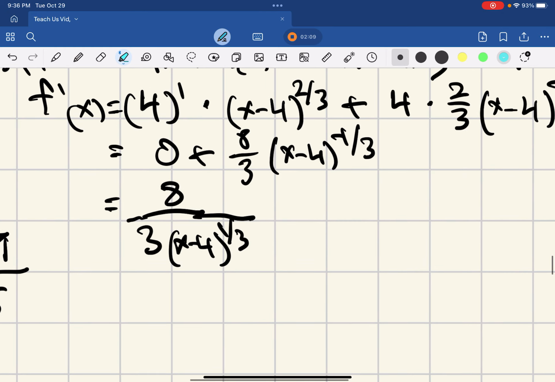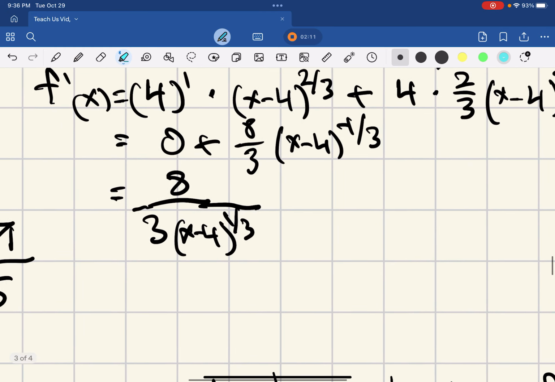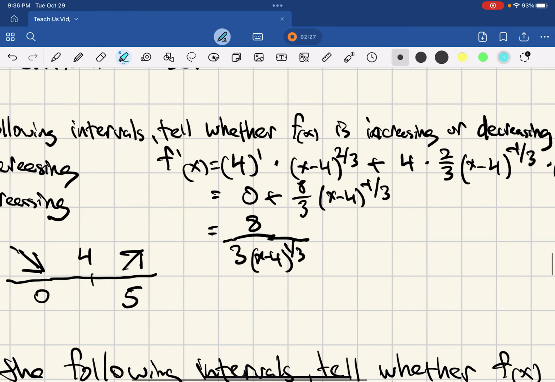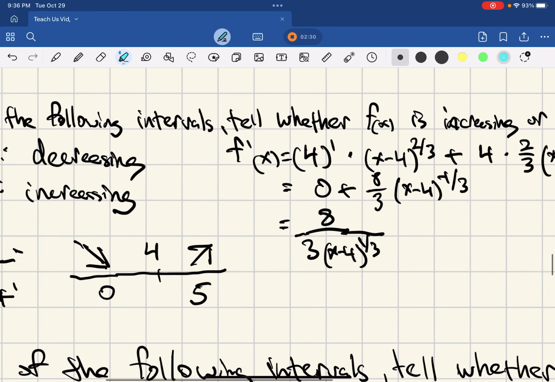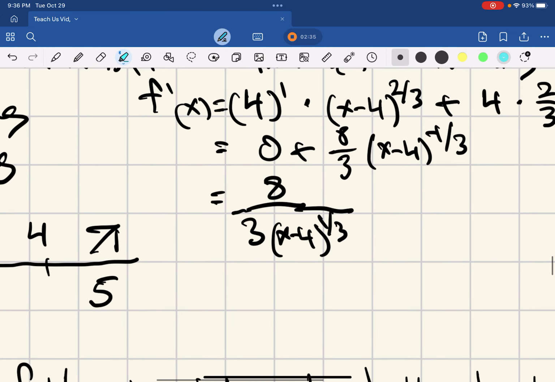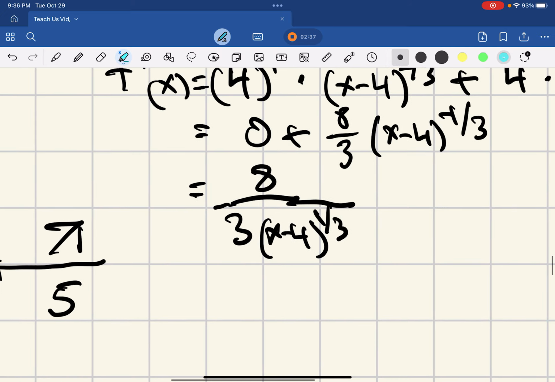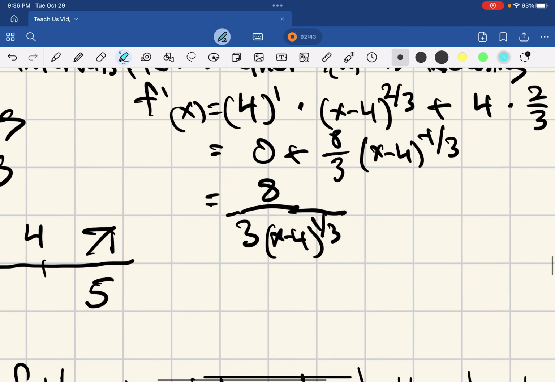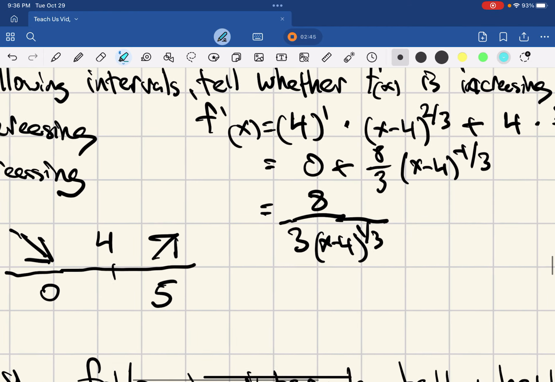We could simplify this further and make the exponent positive, becoming 8 over 3 times (x minus 4) to the power of positive 1 over 3 in the denominator. And when we set this equal to 0 and find our critical points, we know that x equals 4, where this function becomes undefined.